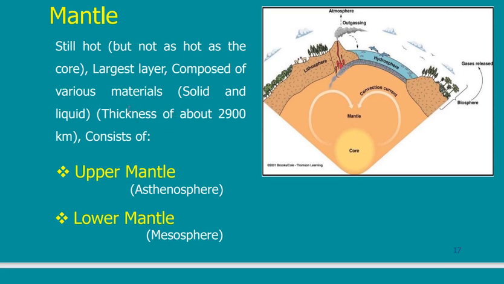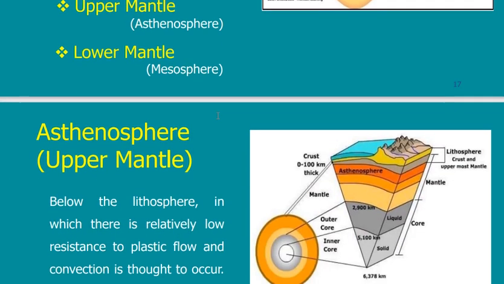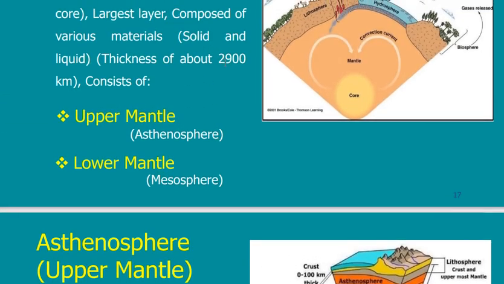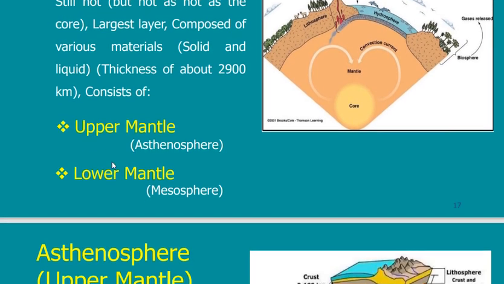The mantle, the total thickness of it, is also a little bit fixed in most references. It is 2,900 kilometers. So 2,900 kilometers is the thickness of the upper and lower mantle together.